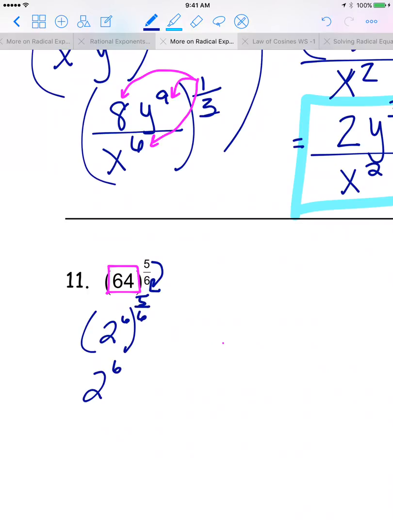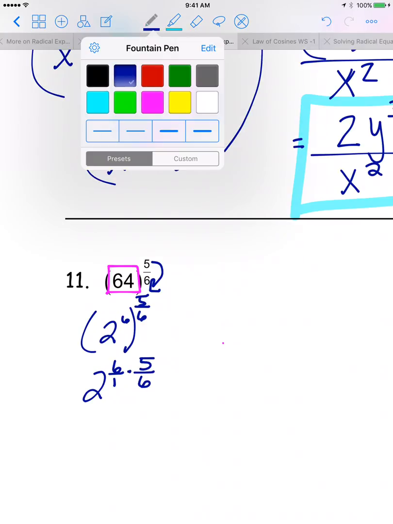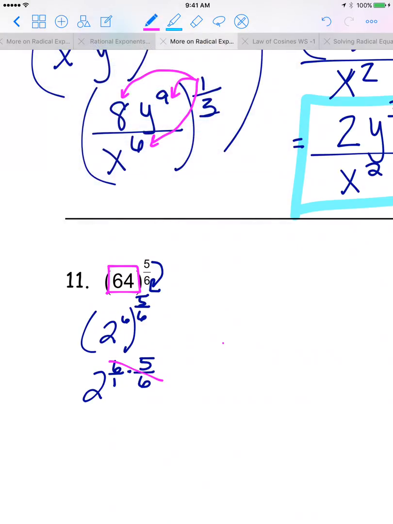So if we multiply these together, that's 6 over 1 times 5/6. These cancel out, and then you're left with 2 to the 5th. And 2 to the 5th, I believe, is equal to 32. That one was pretty easy.